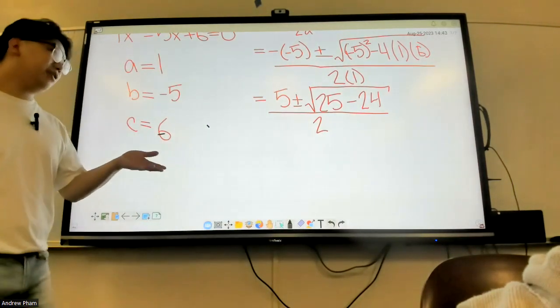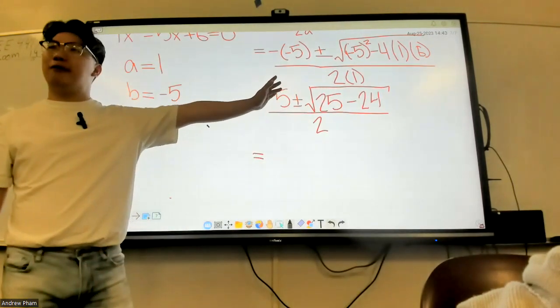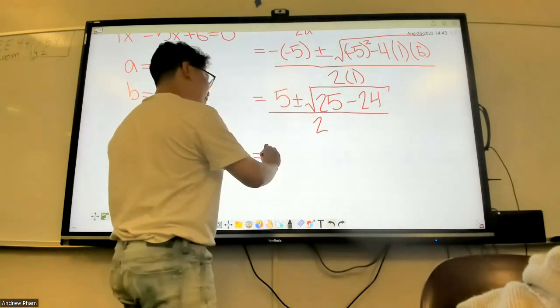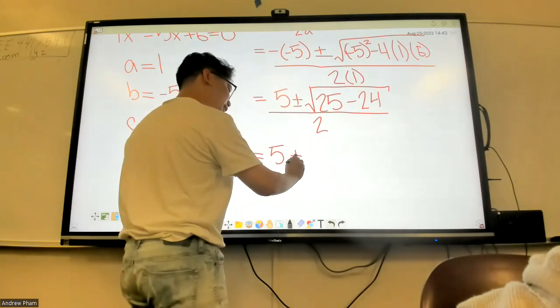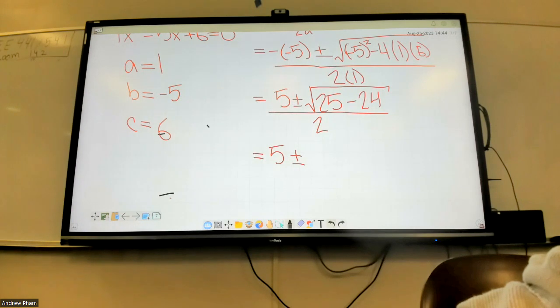All right, so we're going to continue cleaning this up. What I'm going to focus on is what's inside that square root. So right here I have 5, not much changing. What's 25 minus 24? What's the square root of 1? Yeah, the square root of 1 is 1, because we know 1 times 1 is 1.